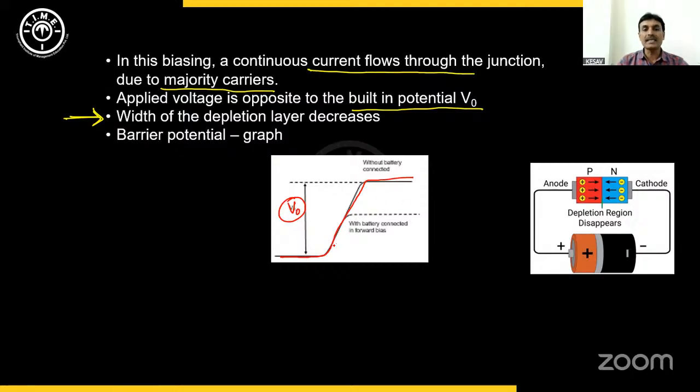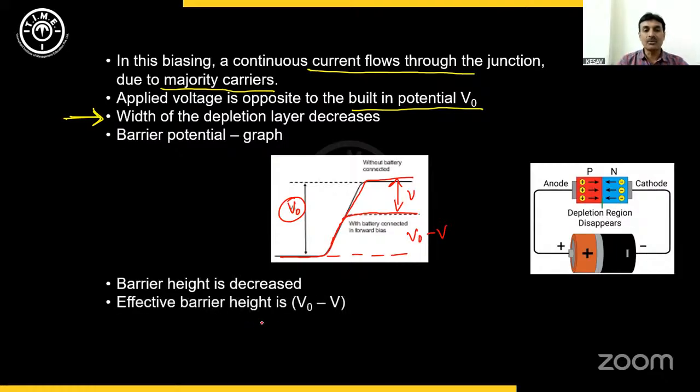But when the battery is connected, this is shifted to this position with applied voltage V. Now the effective height becomes V naught minus V. The barrier height is decreased in this case, and the effective barrier height is V naught minus V. Is that clear? This is the barrier potential graph.